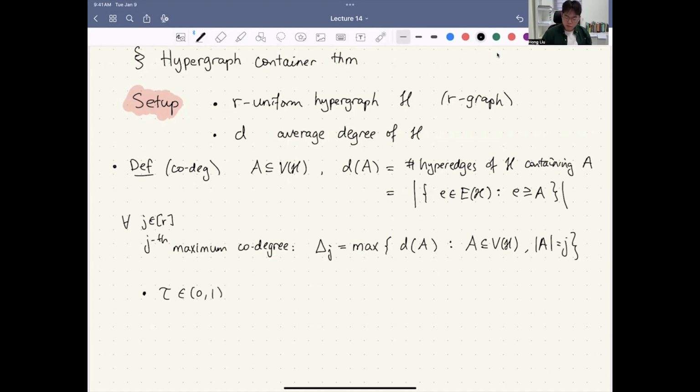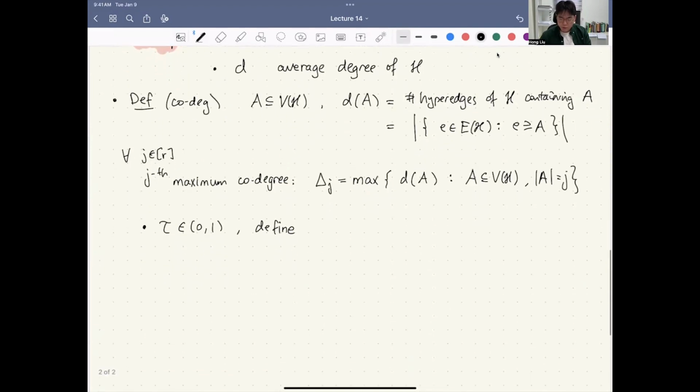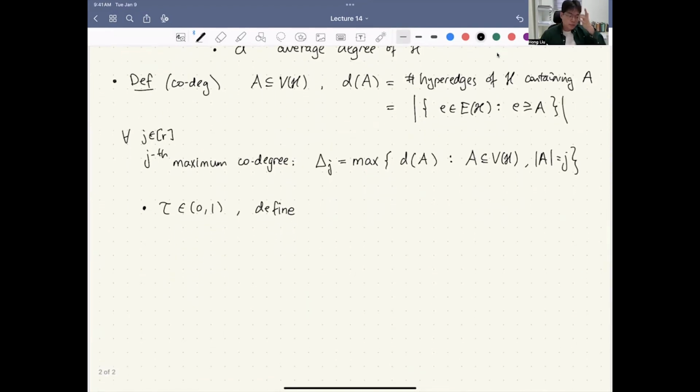And then we're going to define some function, delta(H, tau). What is this? Just some 2 to the some constant depending on the uniformity, minus 1.